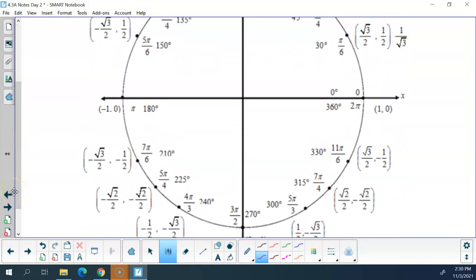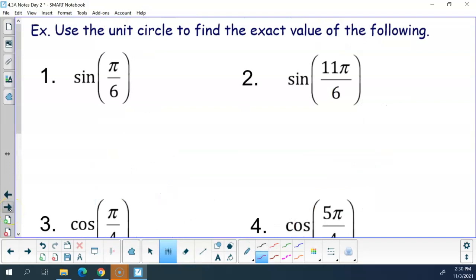So today, you can use either one of your unit circles, the one that we just made or the one that you made yesterday. We are going to be interpreting the unit circle today. Which means I'm going to say something like, what is the sine at pi over 6?